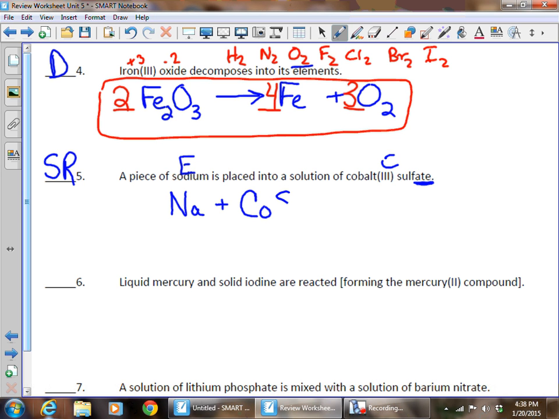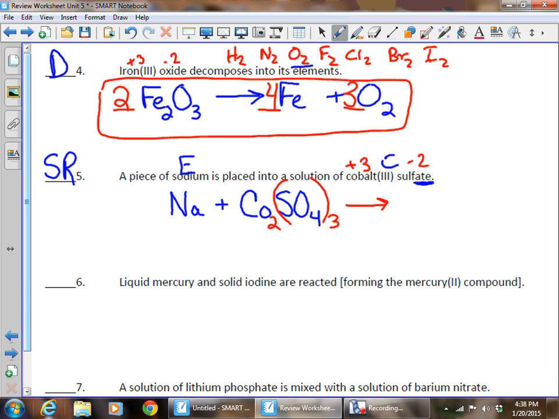So make sure you look that up. It's SO4. Sodium is an element. Is it diatomic? No, it's not on the hydrogen 7 list. Cobalt is a +3. Look up sulfate on your polyatomic ion list, -2. So it looks like we're going to cross charges again and get this.